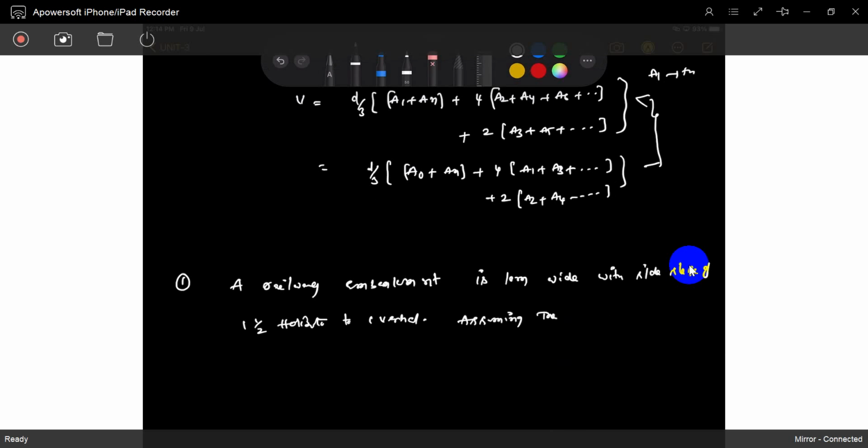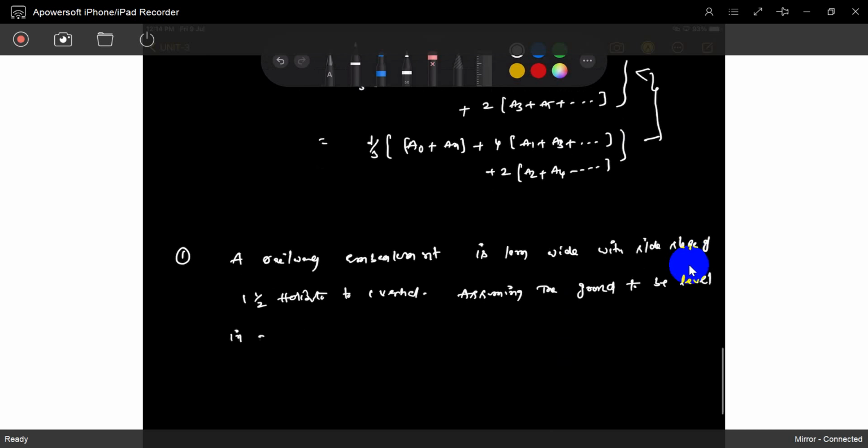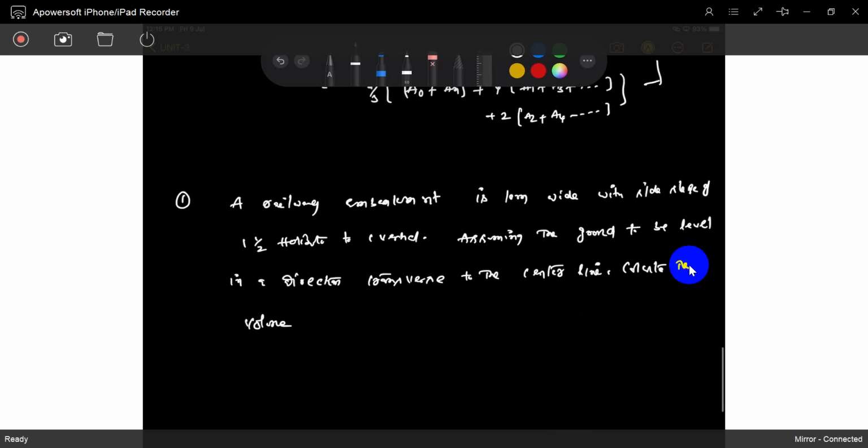Assuming the ground to be level in a direction transverse to the center line, calculate the volume contained in a length of 120 meters.